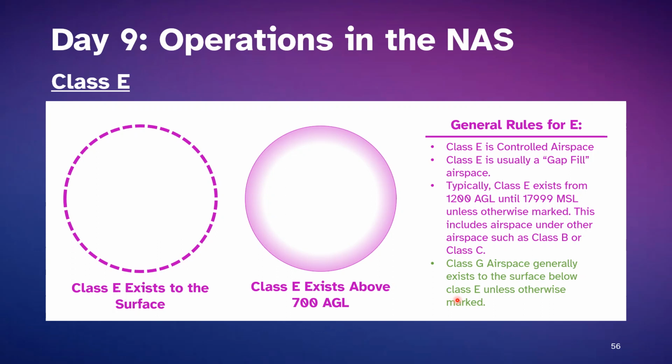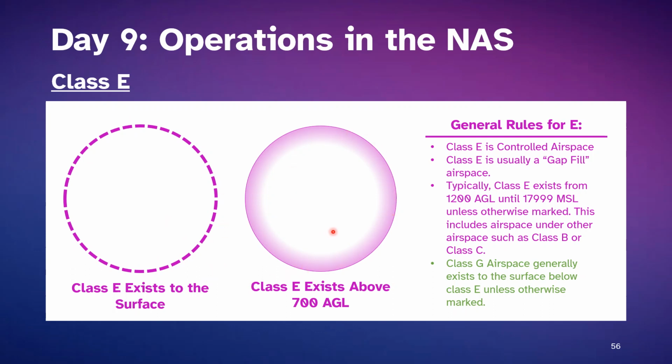Class Echo fills in most of the airspace above the United States. In general, Class Echo starts at 1,200 AGL unless you see one of these two markings. The segmented magenta over here, which looks kind of like a Delta but the wrong color, means that the Class Echo goes all the way to the ground.